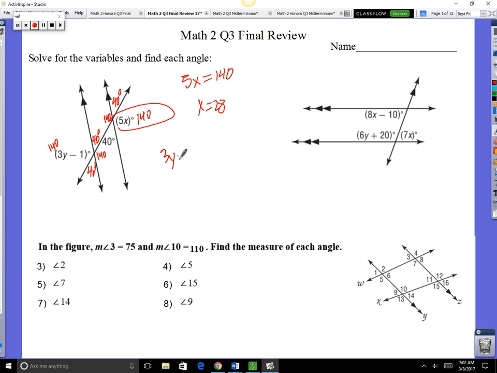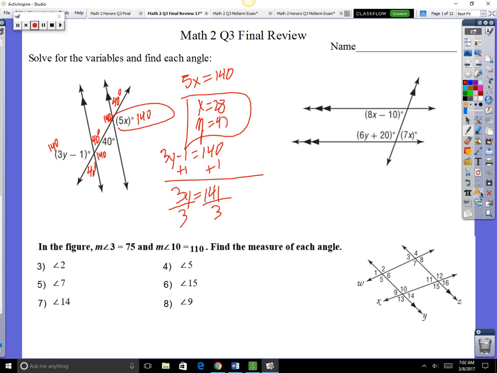So the 3y minus 1 has to equal 140. So undo the minus 1, so let's add 1, add 1. So we've got 3y is equal to 141. Undo the times, divide by 3, divide by 3. So to make that true, y has to be 47.